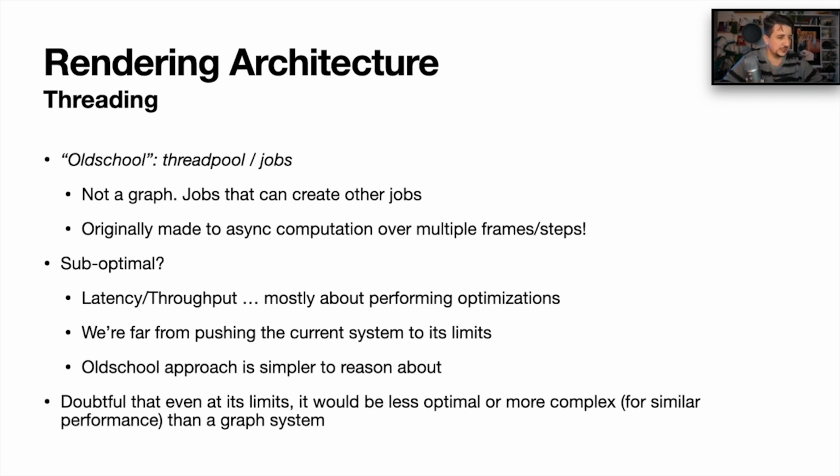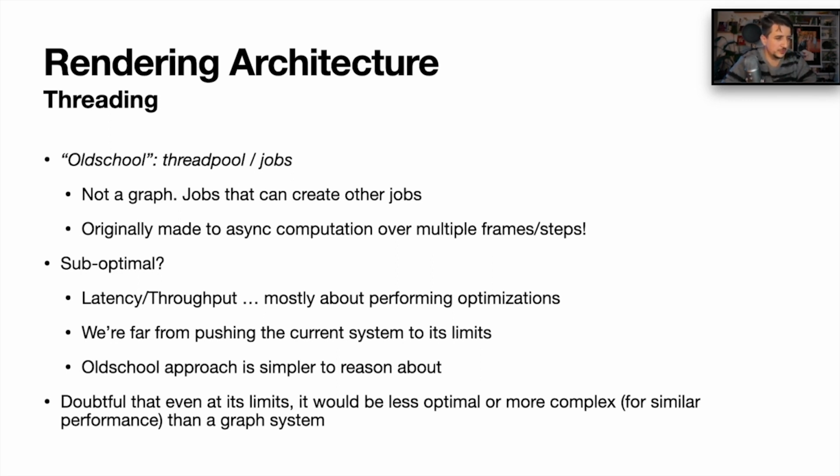Originally, this was created more to do computation asynchronously in quanta across different frames, rather than being very widely multi-threaded. This is because, as you can imagine, a few years ago we didn't even have so many threads, so the original idea was to do things very incrementally over time.